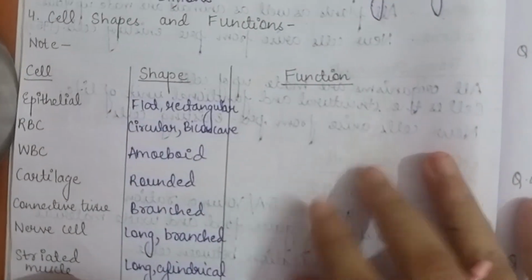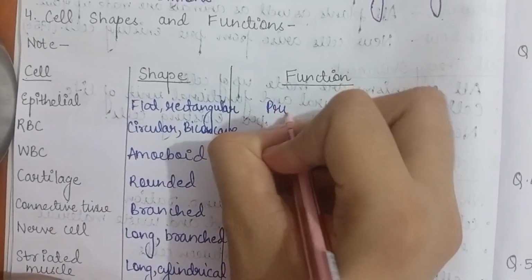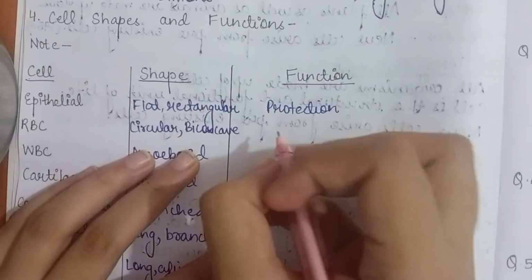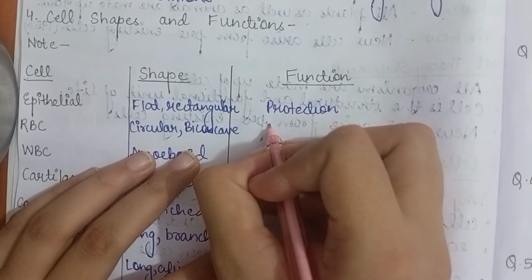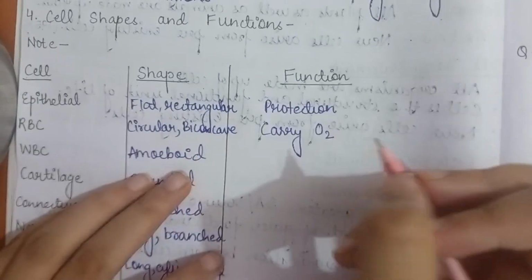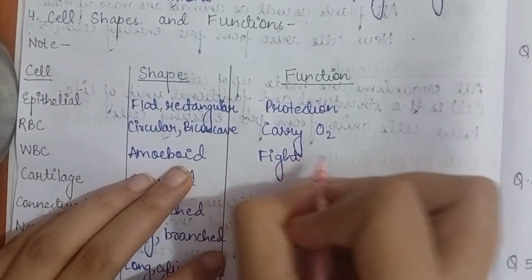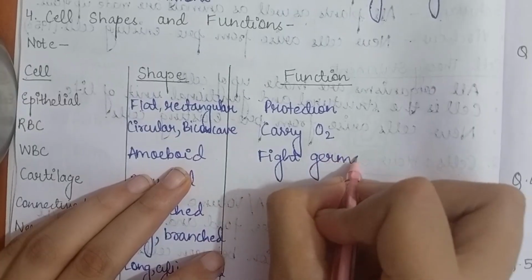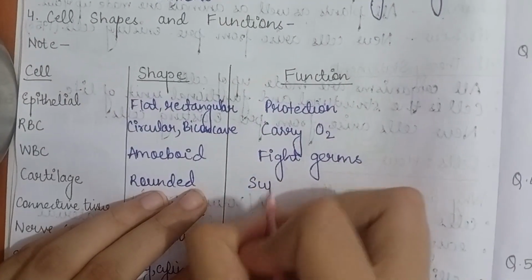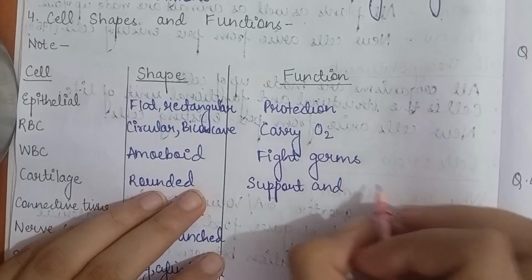Let's revise. Epithelial cell, their function is protection. Red blood cells, they transport or carry oxygen. Then white blood cells, they fight germs. Then cartilage, they provide support and elasticity.